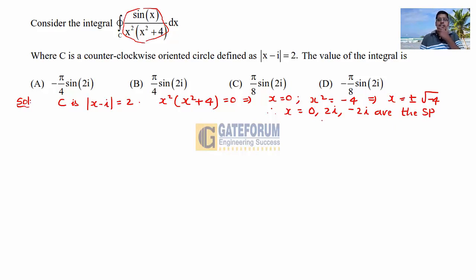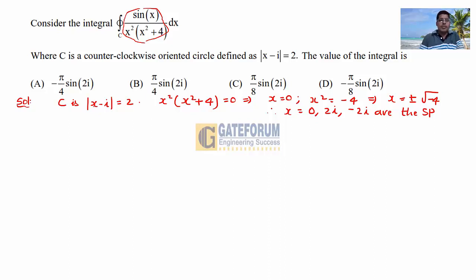Now check whether these points are inside or outside, one by one. How do you check? Substitute each singular point in the curve equation. You will be having left hand side a number, right hand side a number. Already in the curve equation, the right hand side number is 2.